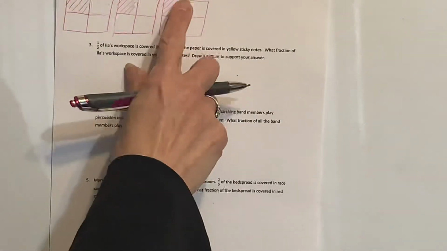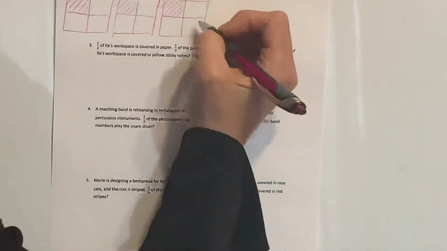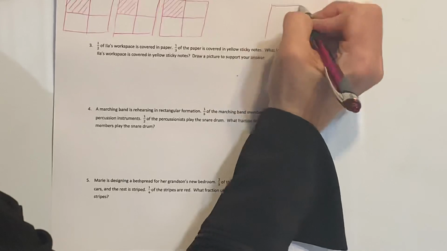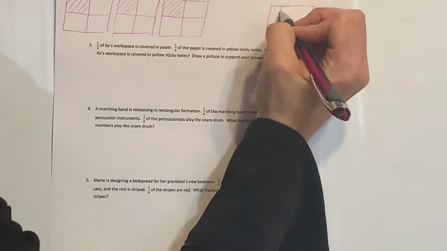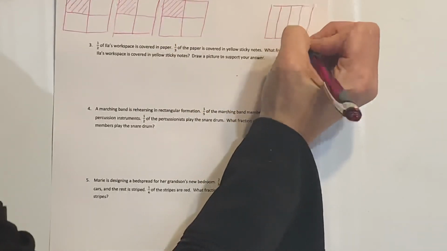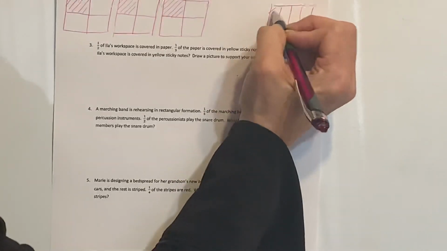Now, here, I just start with 1 whole. So this goes with this problem. This one, I'm going to take, it says 1/3 of 1/4. So I have 4 pieces and I've got 1/4 of that whole thing.